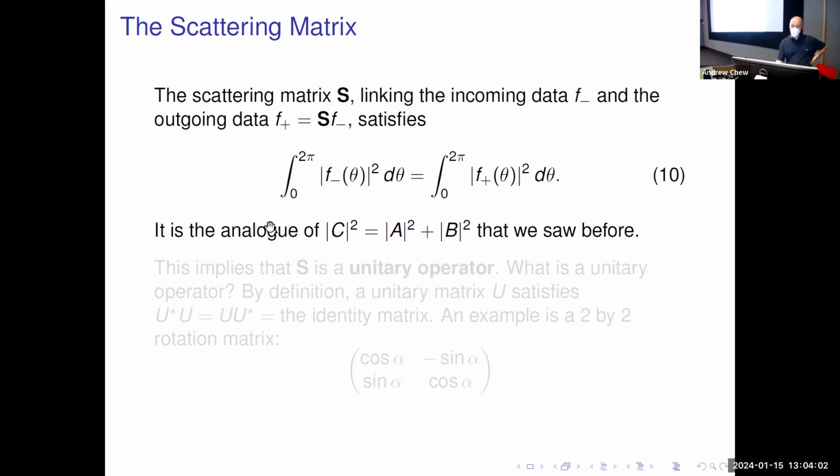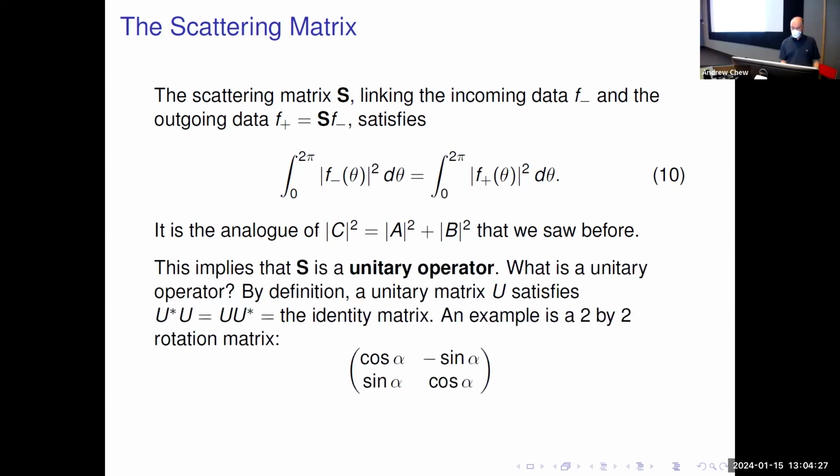And if you like, that's the analog in 2 dimensions of this one-dimensional equation that we saw before. And 10 is a very important equation, actually, from a mathematical point of view. But it tells us that S is actually what's called a unitary operator.